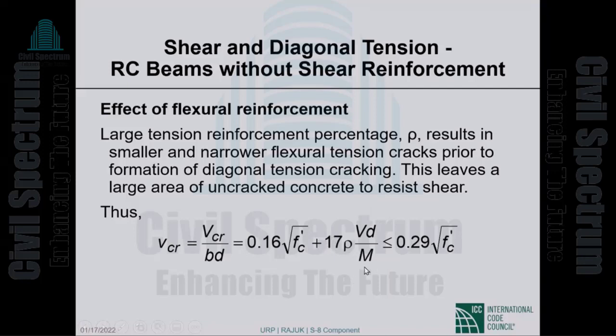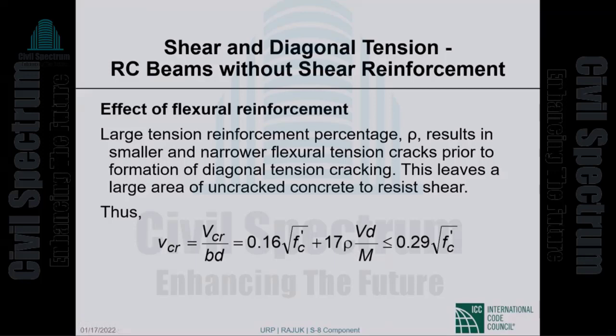This is everything I'm showing; that number is experimentally derived based on a lot of testing. Okay? So the flexure shear cracking strength is the concrete contribution 0.16 square root of f sub c prime plus the contribution of the longitudinal steel, the steel that is there for bending.